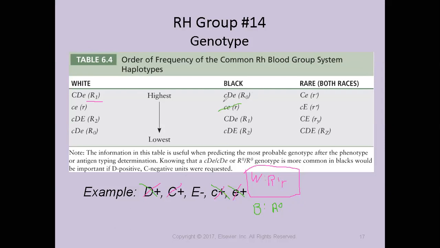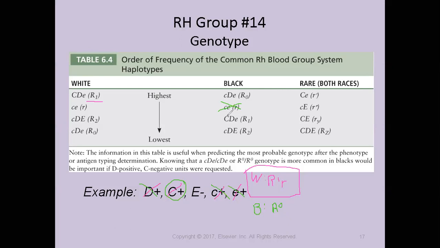However, that is not going to work because it's not providing us with the missing big C. The other haplotype this individual inherited has to provide us with big C. So we have to skip over this one, even though it fits here, it's not giving us the missing big C.